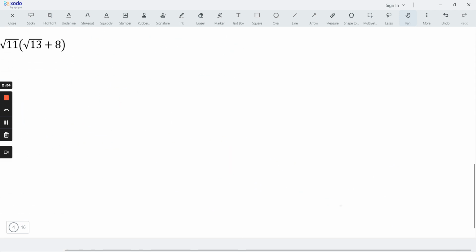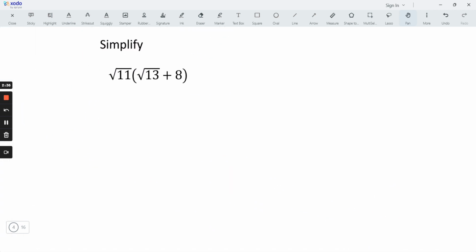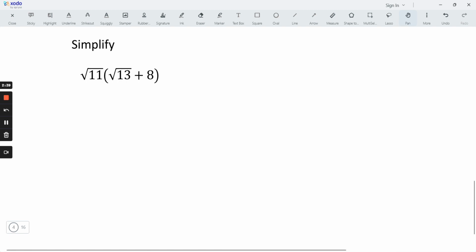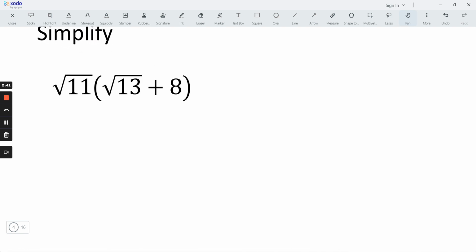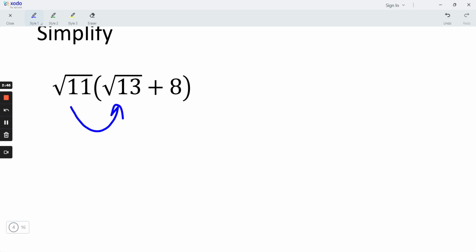Here are some examples. Expanding and simplifying means you have to expand this bracket. So you will multiply this by this, so the square root of 11 times the square root of 13 will give you the square root of 11 times 13, plus 8 square root 11.